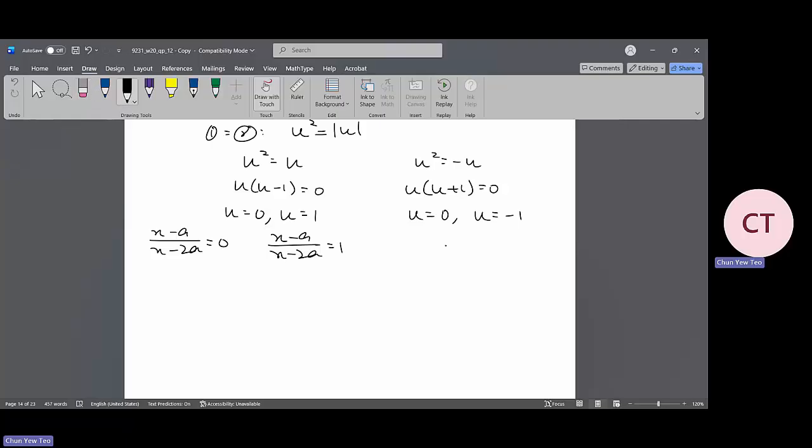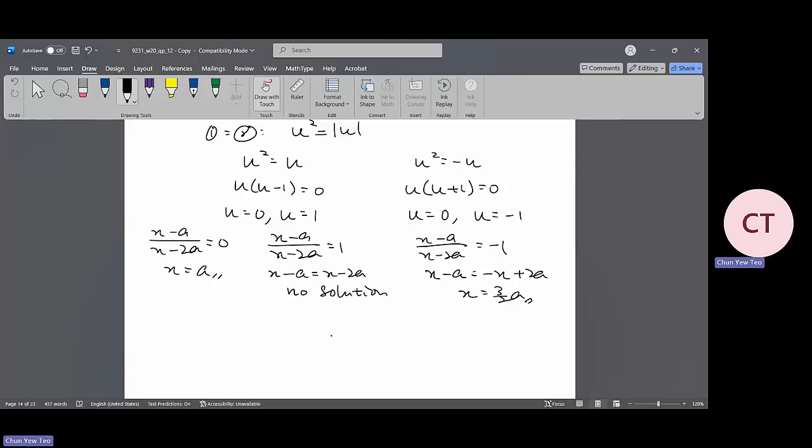Then we just write down u equals negative 1. So we have a total of 3 equations to be solved. The first one, the answer is a. For the second, we have x minus a equals x minus 2a, and there will be no solutions. Over here, we have x minus a equal to negative x plus 2a, so x is equal to 3/2 a.